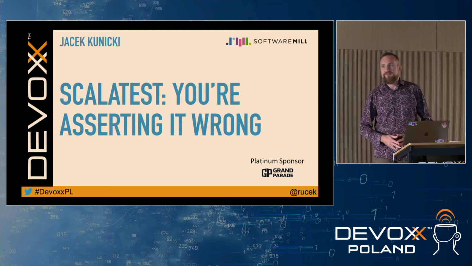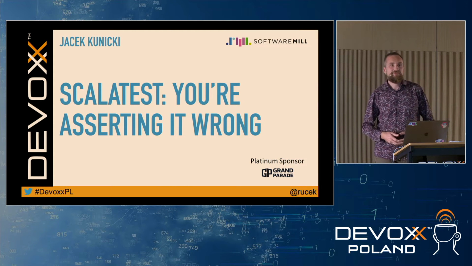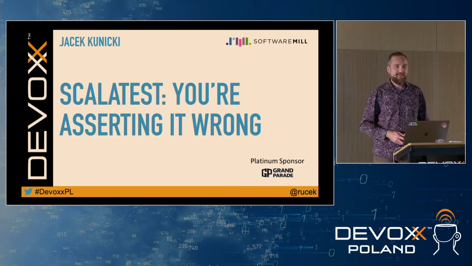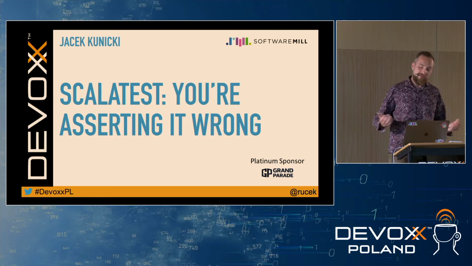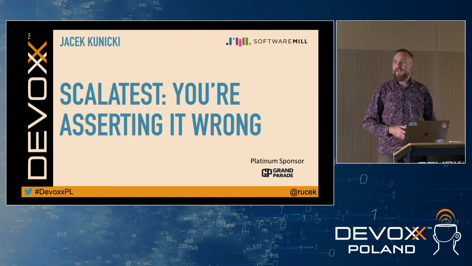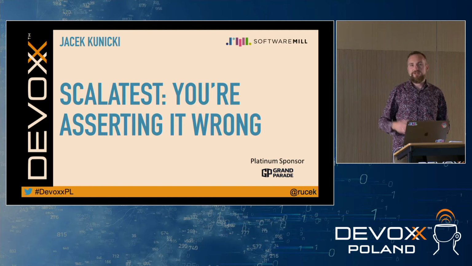So the idea for this talk first came to my mind after seeing a couple of people learning ScalaTest and seeing what code they are writing, and maybe not mistakes that they were making, but using the ScalaTest code not optimally. And this is not really about the fact that the tests they have written didn't work, because they did.